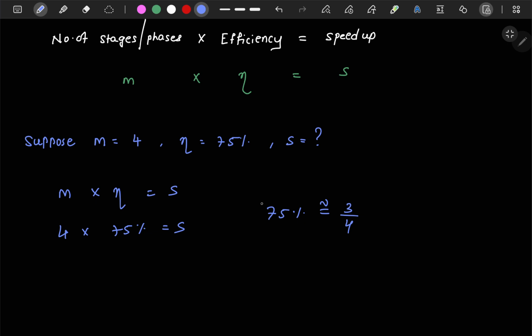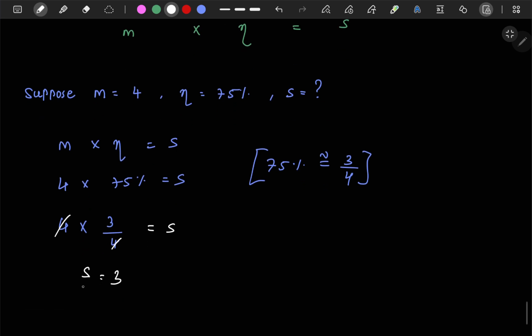Can I write like this? Yes, definitely. So I will write 4 into 3 upon 4. Now I can cut this 4 and 4. Then S is equal to 3.